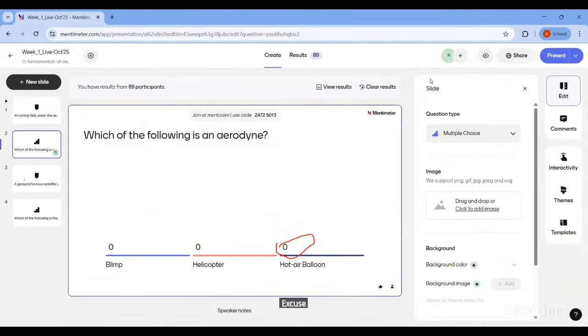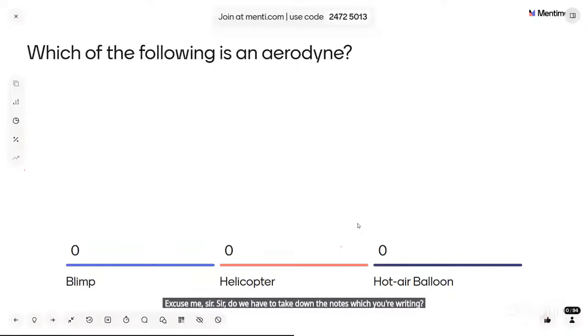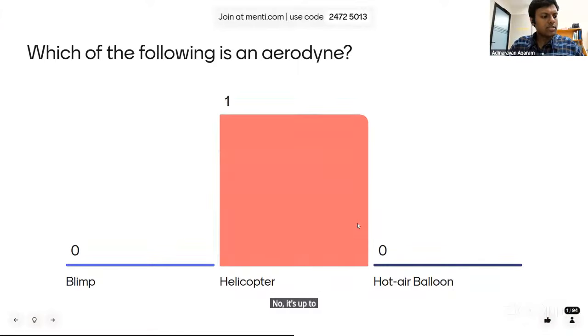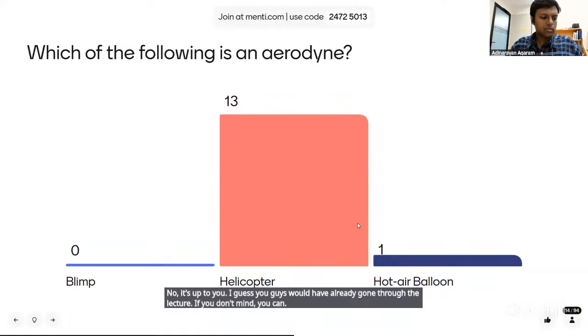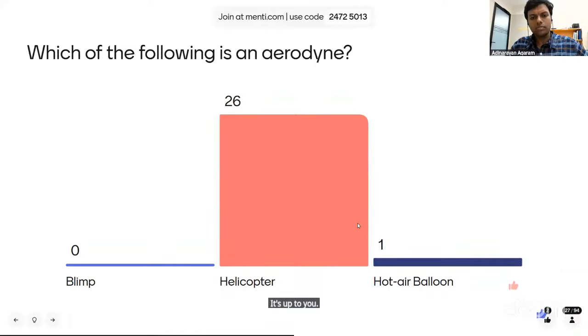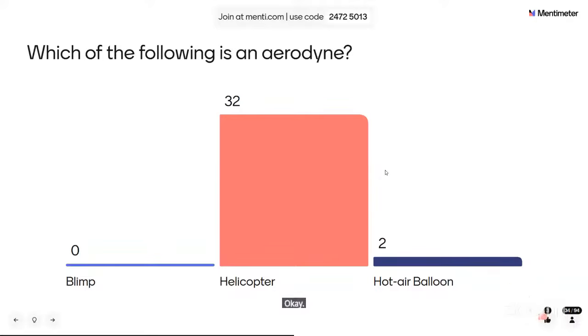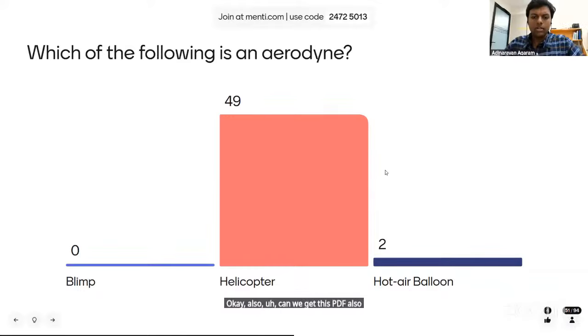Excuse me, sir. Sir, do we have to take down the notes which you're writing? No, it's up to you. I guess you guys would have already gone through the lecture. If you don't mind, you can. It's up to you. Sir, can we get this PDF also on which you're writing? Sure, I'll let you know. I'm not sure about it. I'll let you know about it.